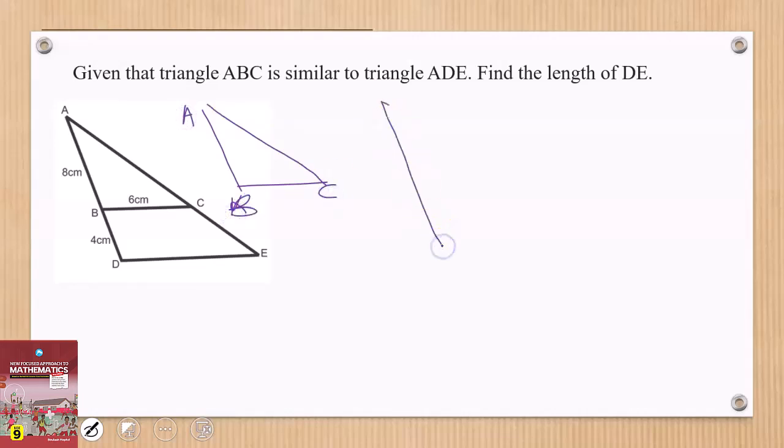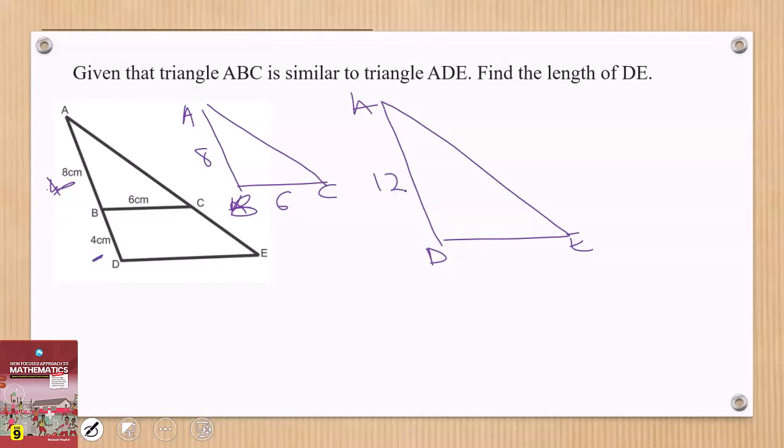Then I can also keep the bigger one as A here, D here, and E here. Now after knowing this, I know that AB is 8 according to the question, BC is 6 according to the question, AD will be 8 plus 4, which will be 12. That's all we have now.